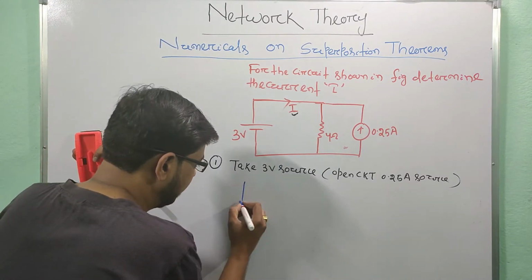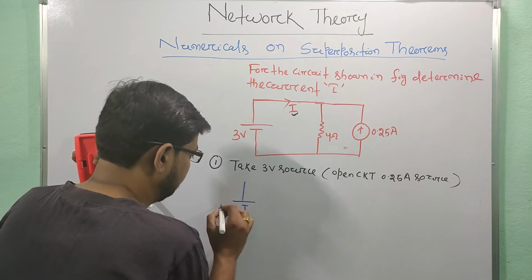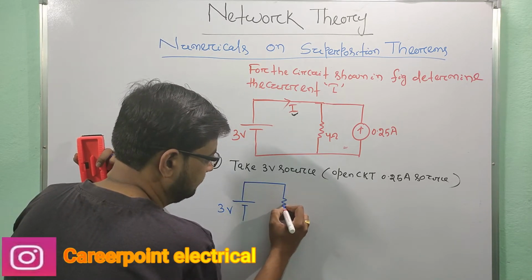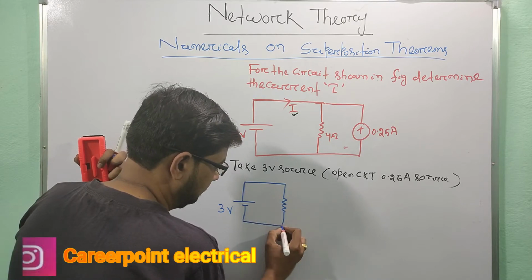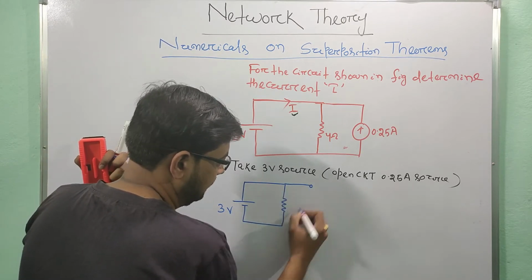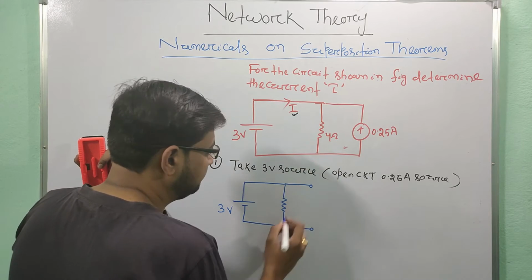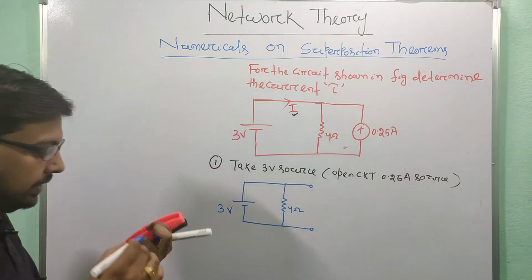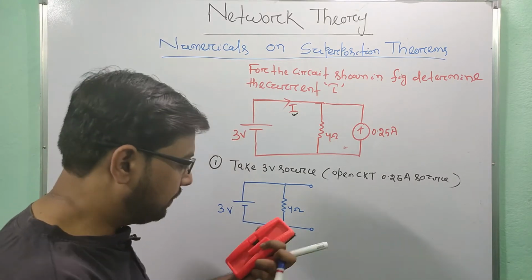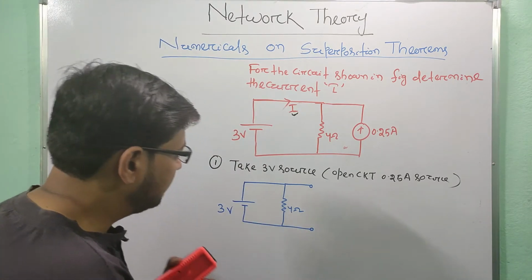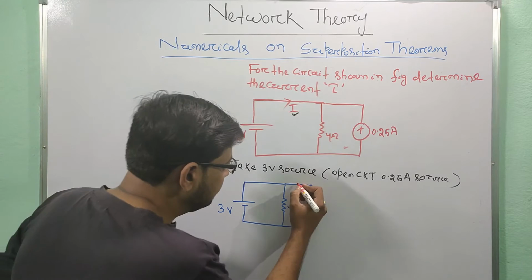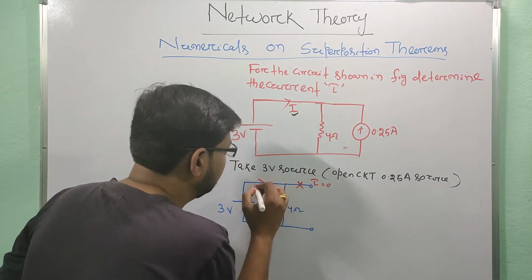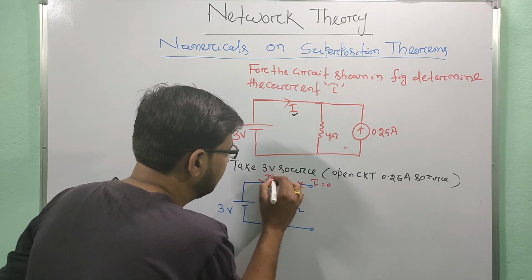Then my circuit becomes: 3 volt and 4 ohm, with the other branch open circuit. Now the current in this branch is 0, I is equal to 0. Let the current be I dash.